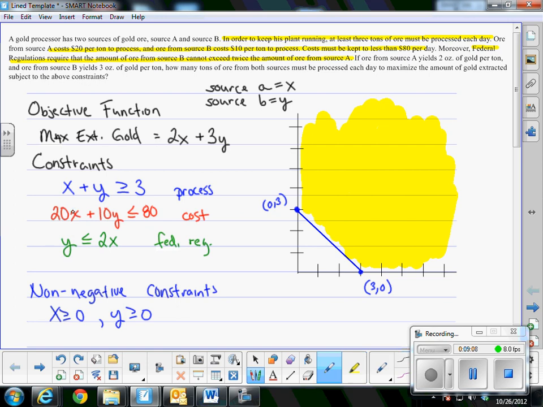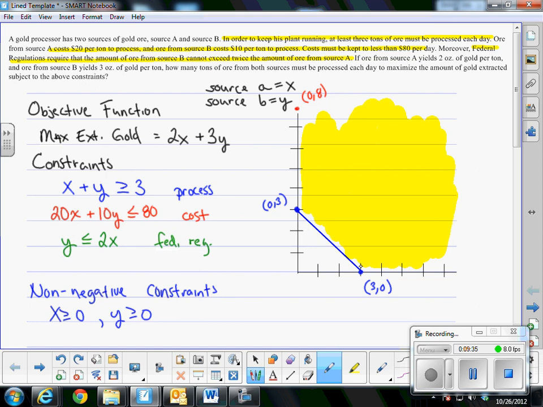Doing the cost constraint, if x was 0, y is going to have to be 8. So x is 0, 1, 2, 3, 4, 5, 6, 7. Let's just put 8 right there. So 0, 8. X is 0, y is 8. When y is 0, x is going to be 4.